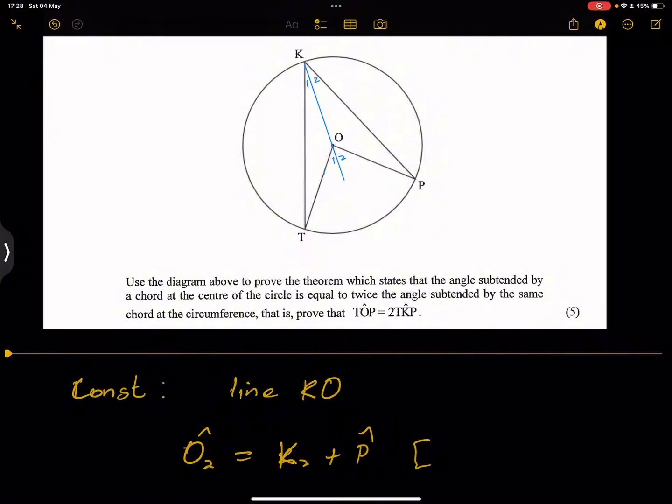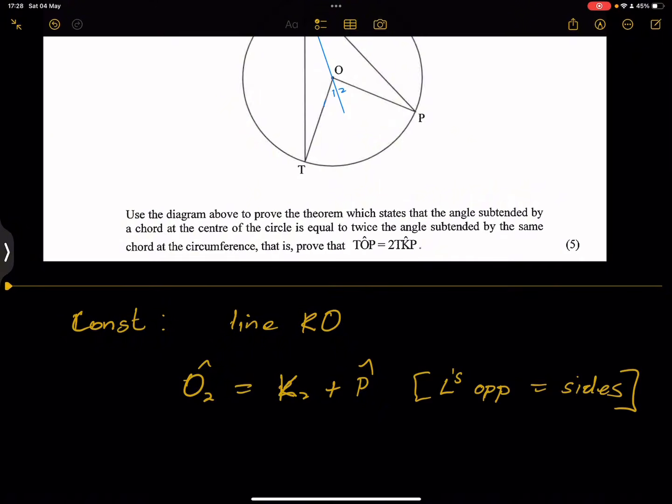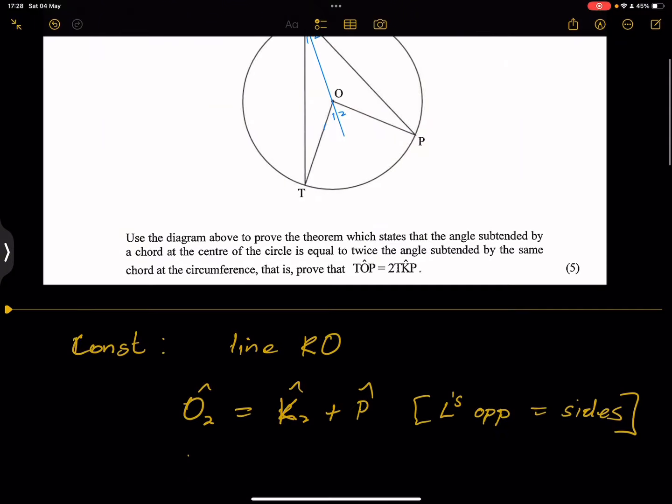These are angles opposite equal sides, right? And please remember that we know in this case that OK is equal to OP because they are radii. So O2 equals angle K2 plus angle P. But remember that K2 is equal to angle P.